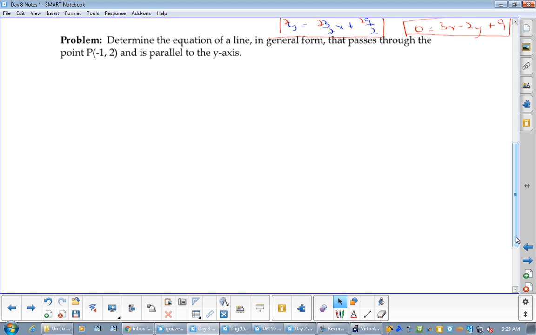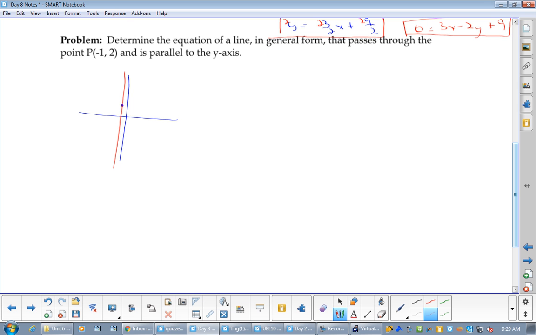Now, determine the equation of a line in general form that passes through point negative 1, 2, and is parallel to the y-axis. Okay, so it is going through negative 1, 2. It's right there. It is just a vertical line.